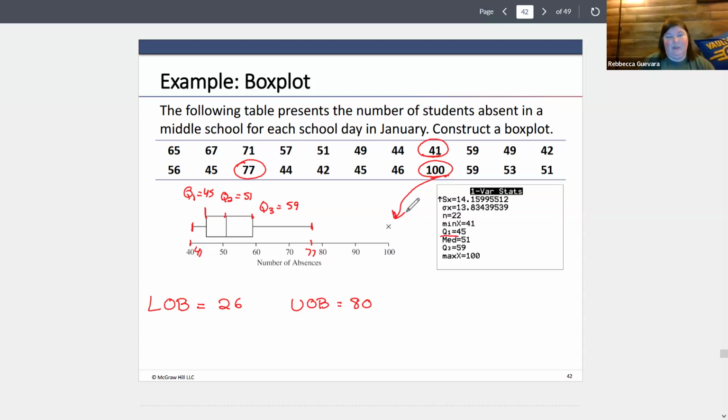Okay. So sometimes we'll have data that has an outlier in it. Sometimes we're just going to go out to our minimum and maximum values for our whiskers. But what we know is that each one of these areas is supposed to represent 25% of all my data. So what that's telling me is that here, my data is very clustered, and here it's very spread out.